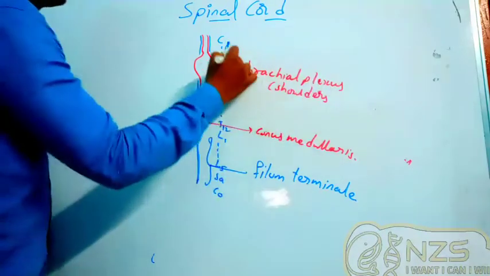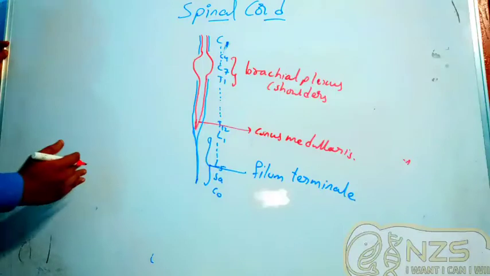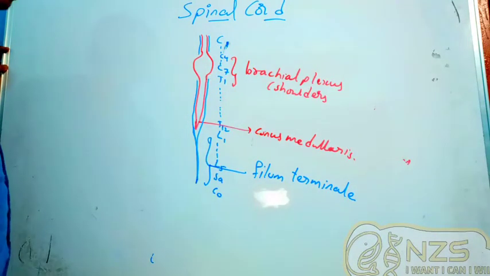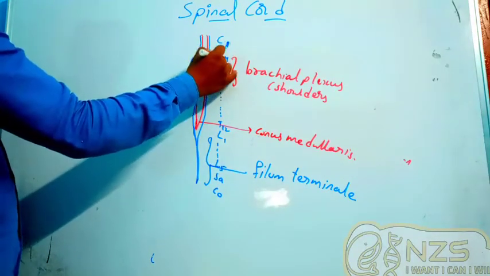From here the group of nerves will come out and spread to the shoulders and all the fingers and all those things. So here we can see one swelling of the spinal cord, which is called the brachial plexus.